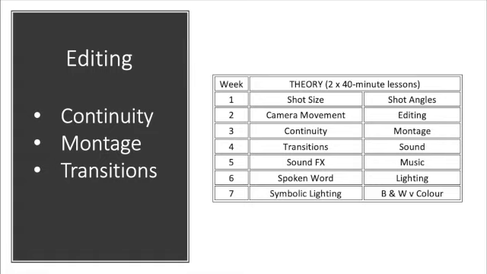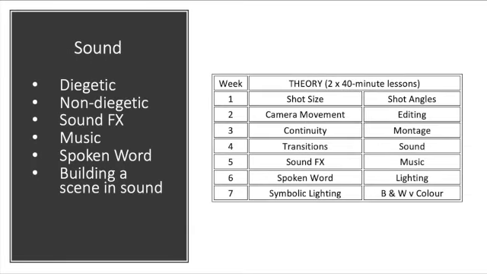We finish off with editing by looking at transitions: simple cuts, jump cuts, fade downs, fade ups, dissolves, and wipes. And then we move into the world of sound, where we cover off on diegetic and non-diegetic sound. We look at sound effects in film. We look at music in film, which includes some excellent stuff from films like Apocalypse Now.